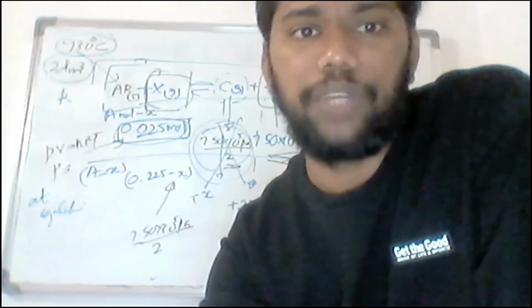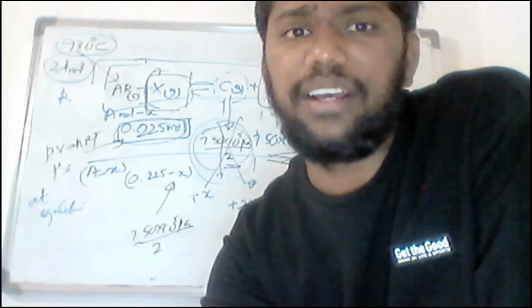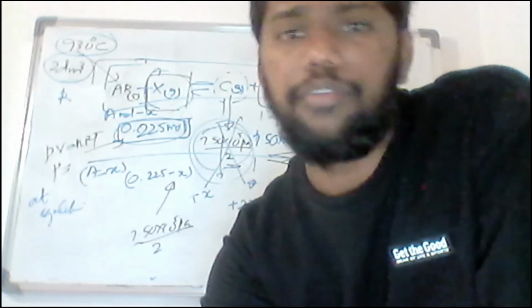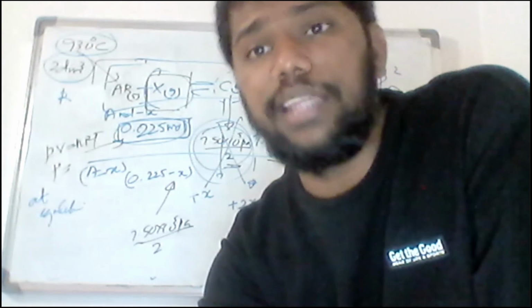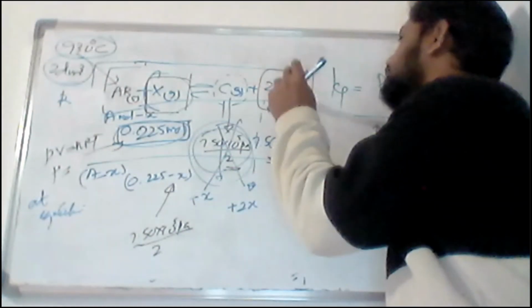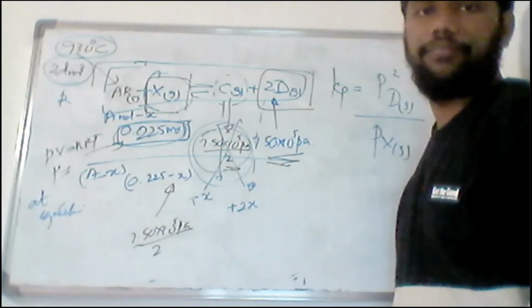In fact, what you can do here is you can apply PV equals nRT for the X initially, or either what you can do here is you can apply PV equals nRT for D gas.